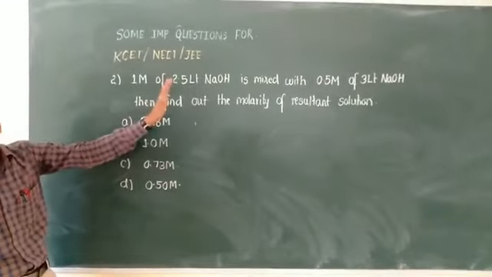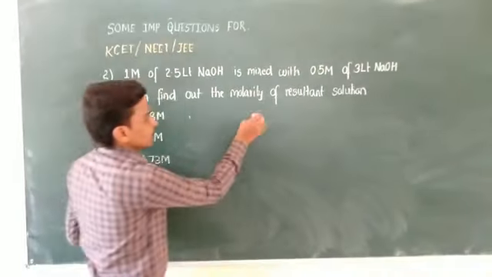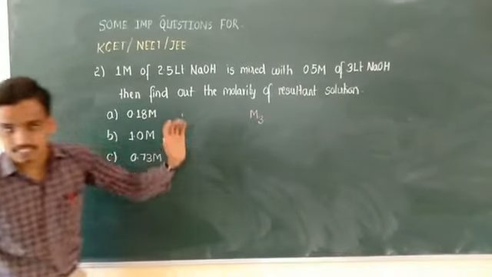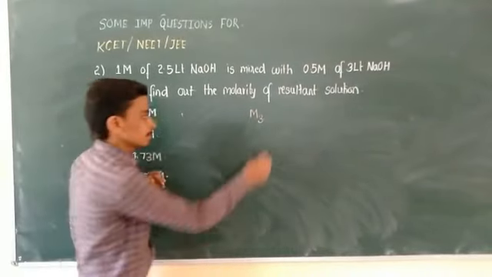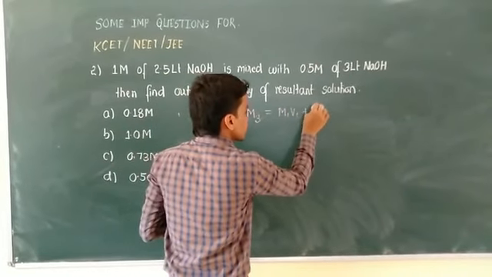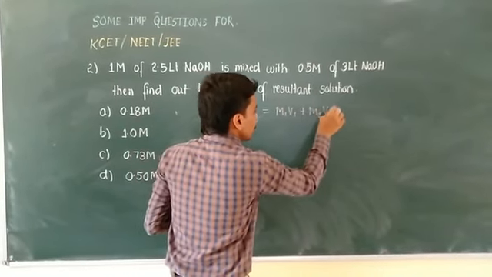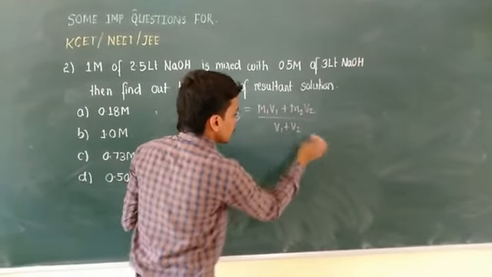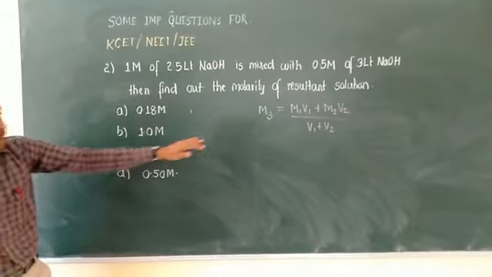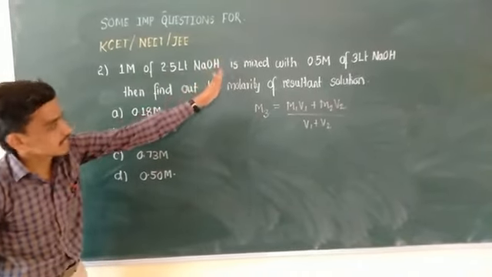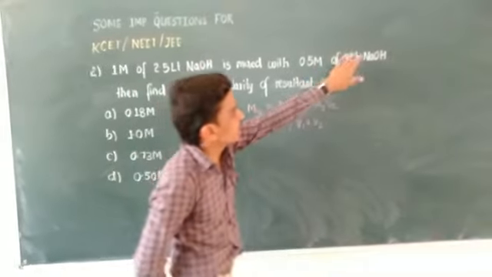Okay, this type of question is solved using the formula: the total resultant concentration, assumed as M3, is equal to M1V1 plus M2V2, the whole divided by the total volume of the solution, that is V1 plus V2. Okay, the conditions given to you are considered as 1 and 2.